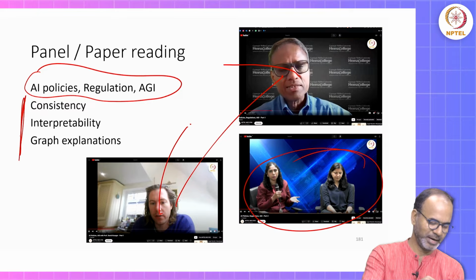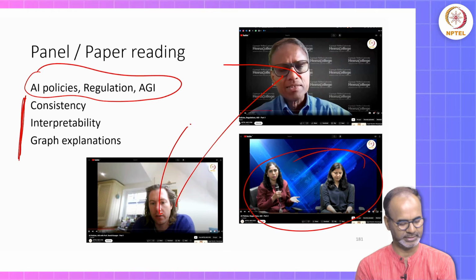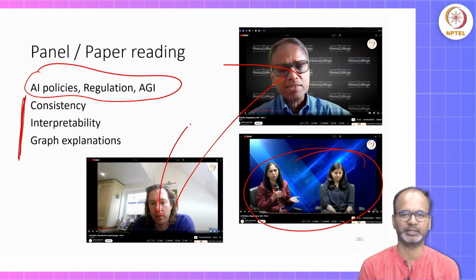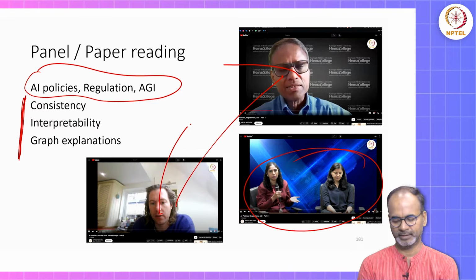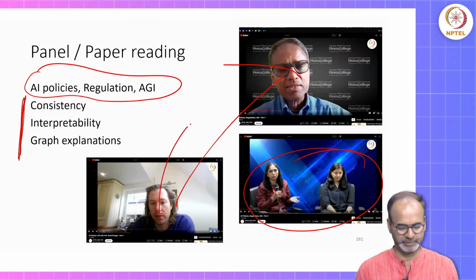In the last week and a half, I think we did more paper reading on these topics: consistency, interpretability, graph explanations, all of that. This is research that is going on right now, so these are very hot topics in some sense. It would be nice if you think about these topics, and if you want to be part of some of the work that is done, please feel free to reach out.